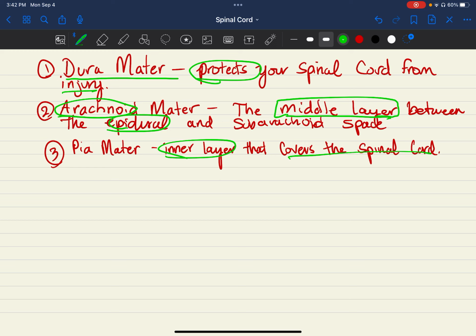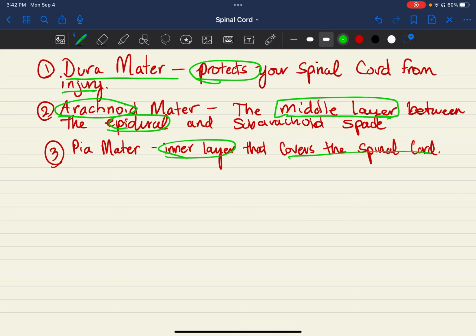Here, the CSF, which is called the cerebrospinal fluid, which provides extra cushioning and protection for the spinal cord, okay? Cerebrospinal fluid, okay?